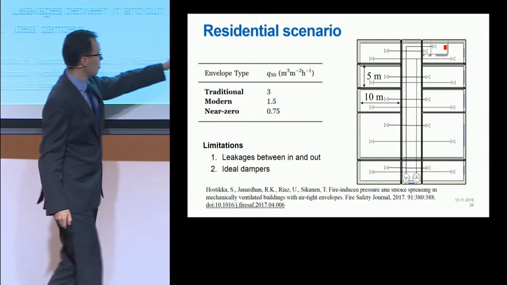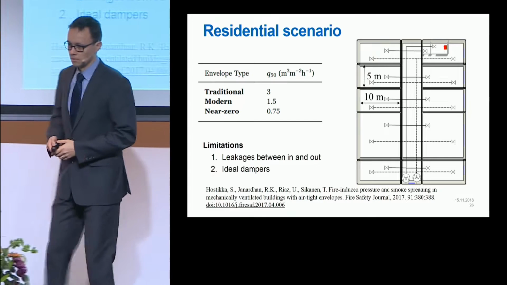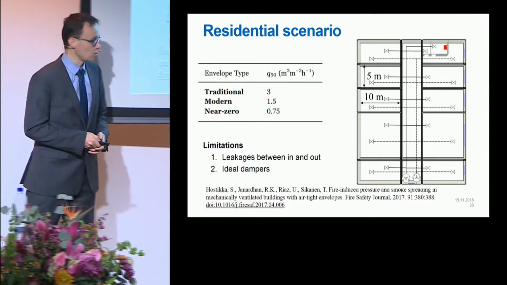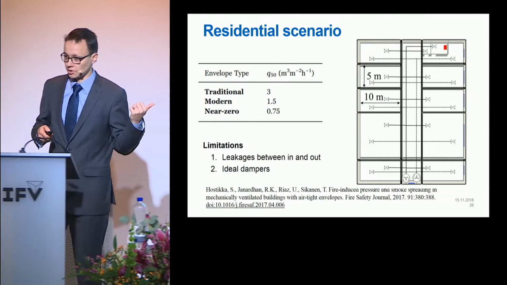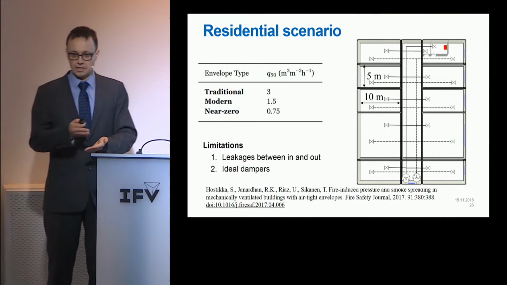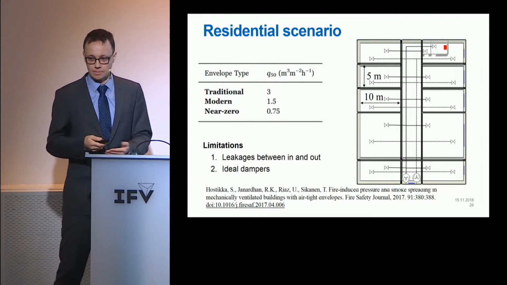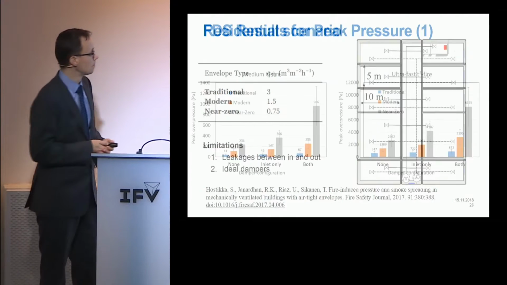So we don't really know how airtight the internal walls are. Also, when we have dampers in the model, they are kind of ideal. They are either closed or open, but there's nothing in between. And real dampers are not that perfect.